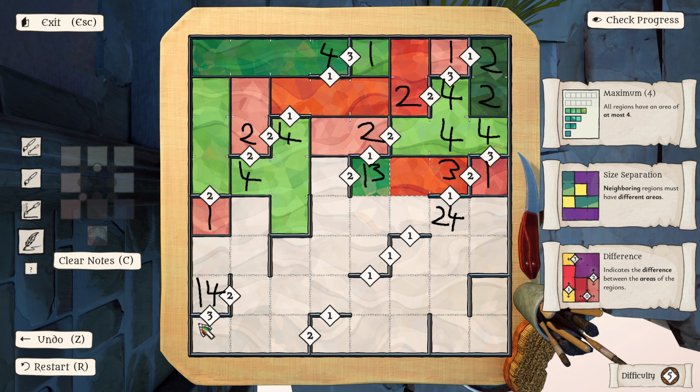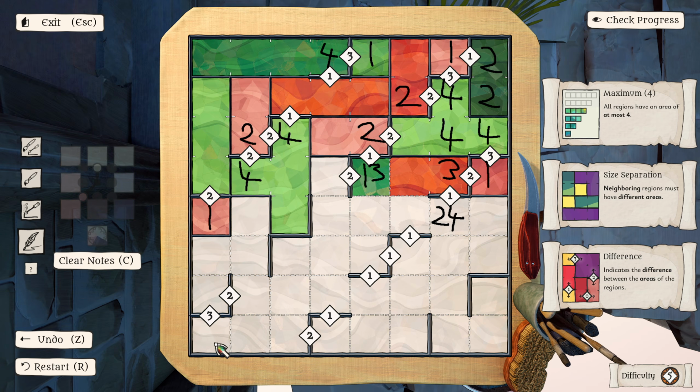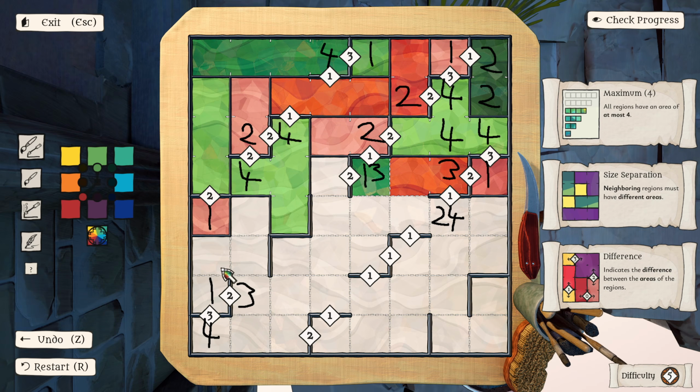This is a 1-4 pair. This cannot be 4. So this is a 1. This is a 4. 1 plus 2 is 3. Can't do a 1 there. Can't do a 1 there. I really can't resolve that.